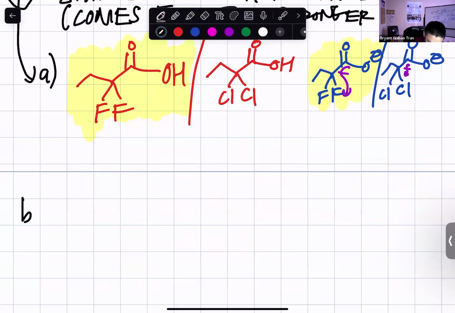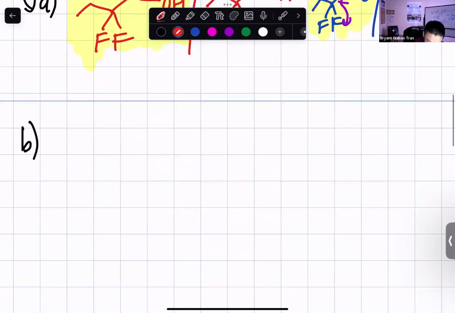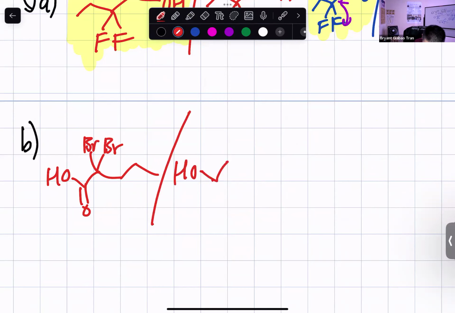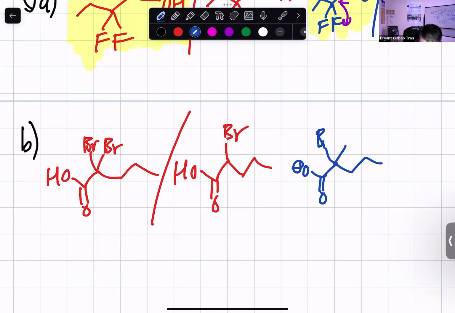Let me give you another scenario here. So let's say we are comparing this acid with this acid. The first thing you do, draw the conjugate base of the acids and determine which one is the more stable conjugate base.